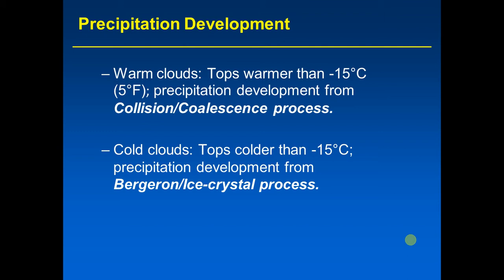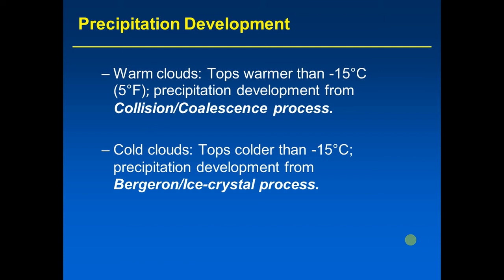Remember, even though water freezes at 32 Fahrenheit, as the size of the water droplet becomes smaller, it actually has to be even colder to turn into ice. So even in clouds down to 0 Fahrenheit, they're mostly composed of liquid droplets, not ice crystals.